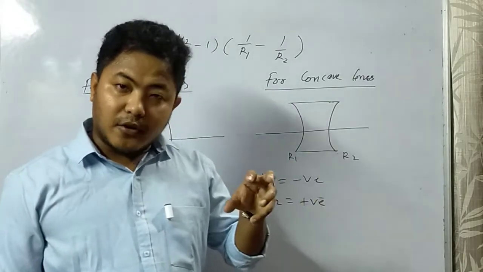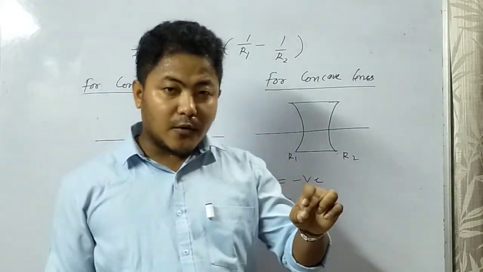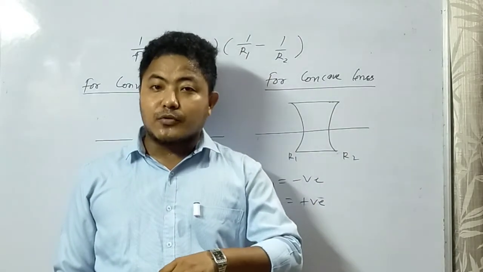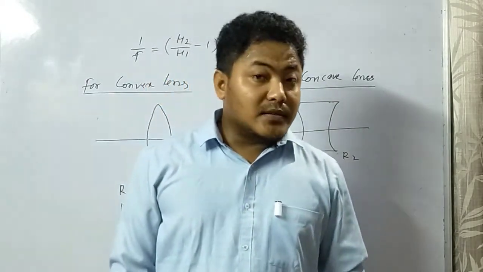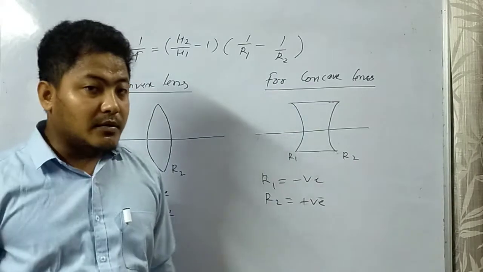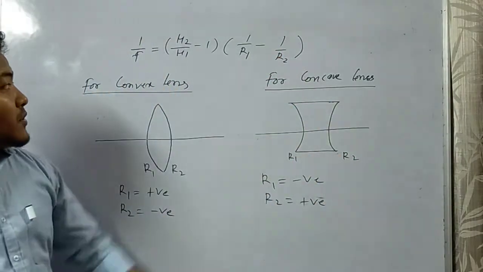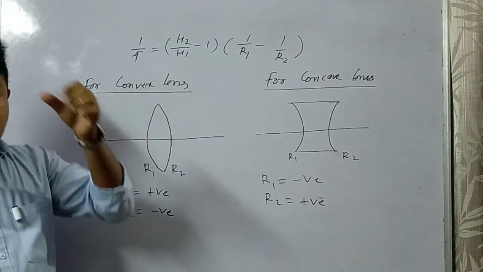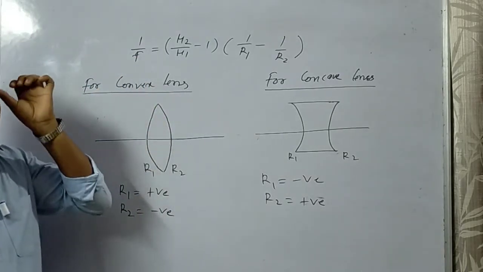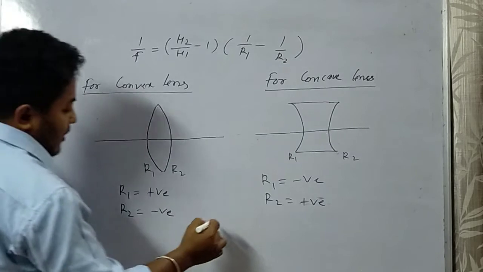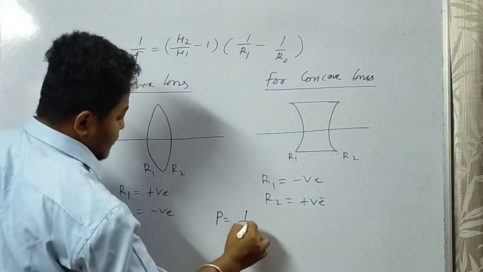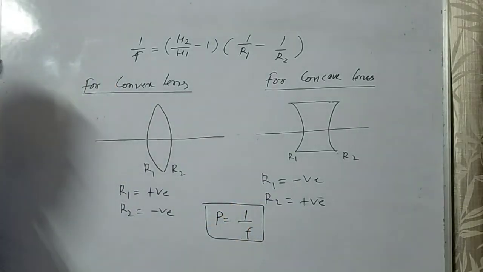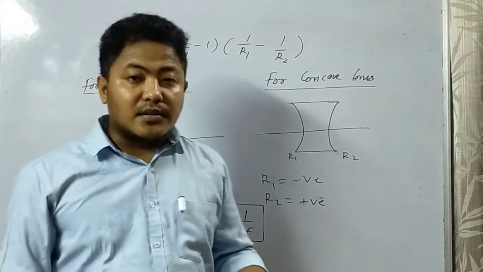In case of a convex lens, it is positive 1 diopter. In case of a concave lens, it is going to be minus 1 diopter. Remember that. Am I clear? So this is all about the power of a lens, which depends upon the focal length of the lens. And as I have given you, the power of a lens is expressed as P equals 1 by f, where P is the power and f is the focal length of that particular lens.